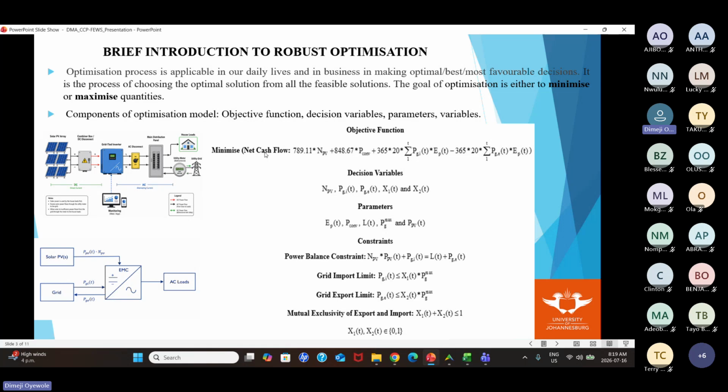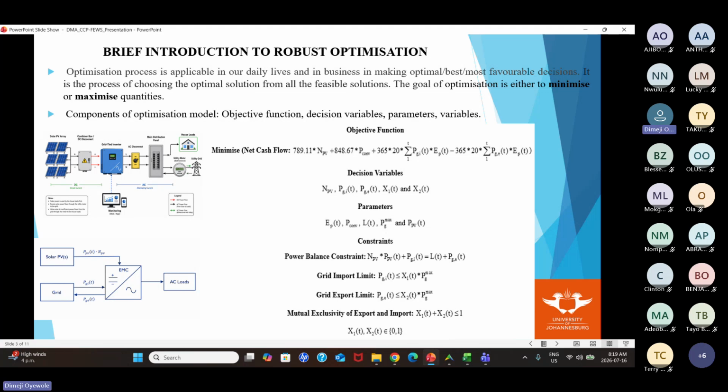When you have two or three that you want to optimize, for example, in this particular optimization model, you have just the cash flow, and then you also want to consider reliability. You want to consider some other criteria, not just the money alone.